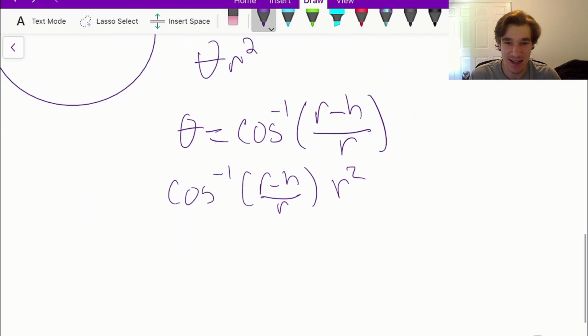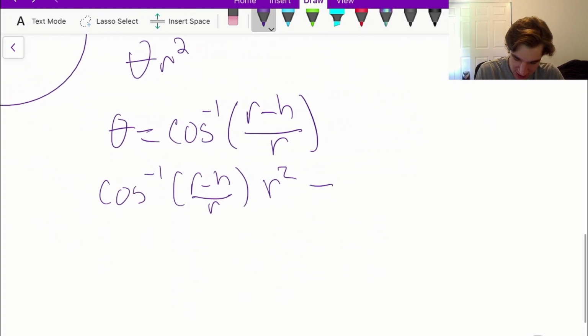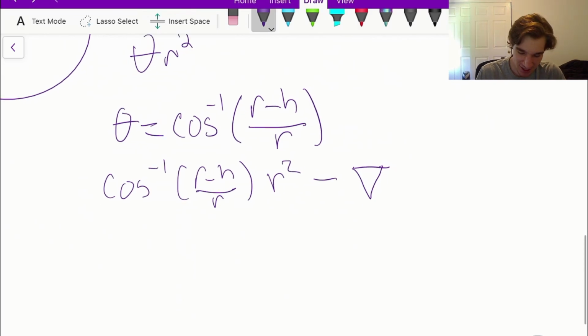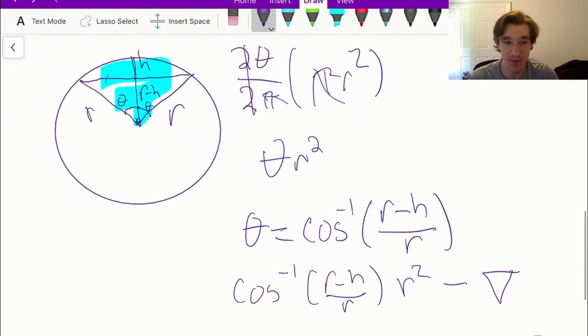Now we just have to find the area of the triangle, so we have to subtract this by the area of the triangle right there. And in order to do this, we have to use the Pythagorean theorem to find out this length x. We're going to call that x right there. We need the whole thing.